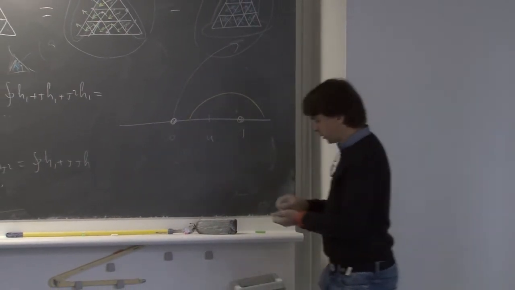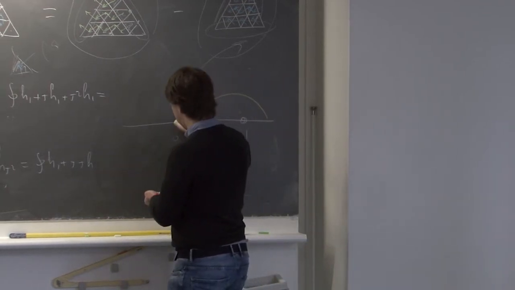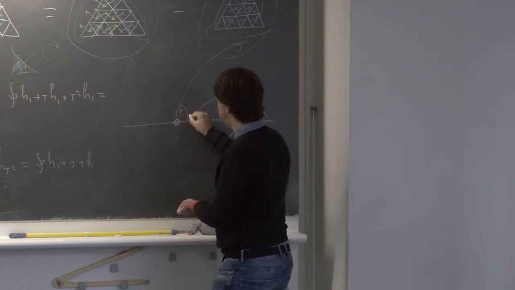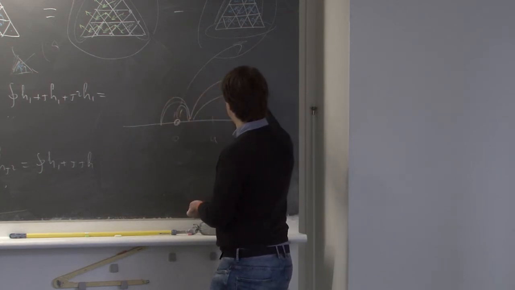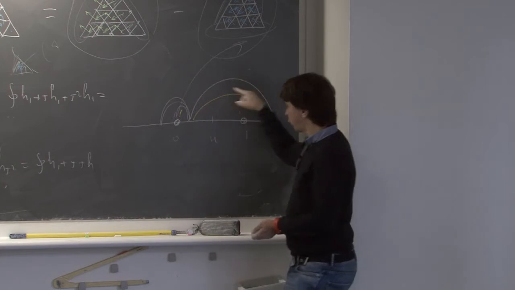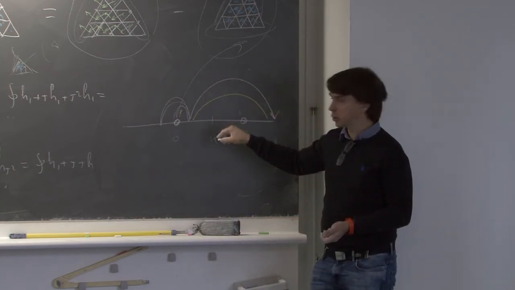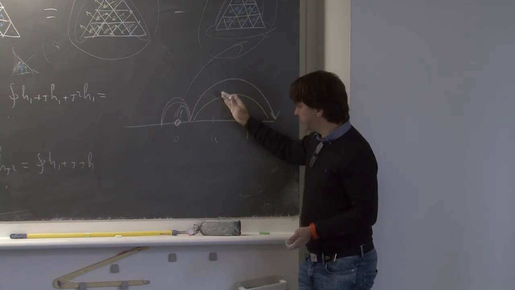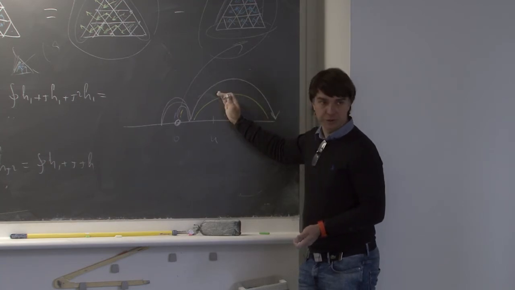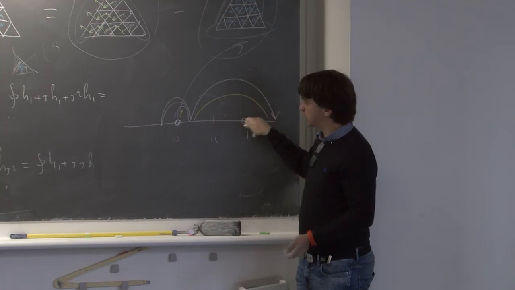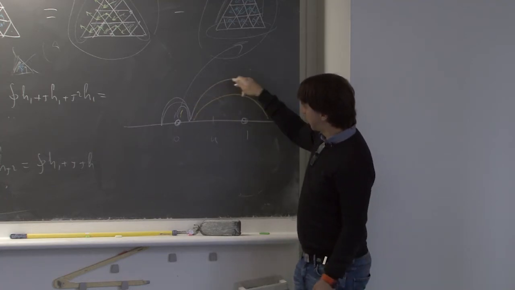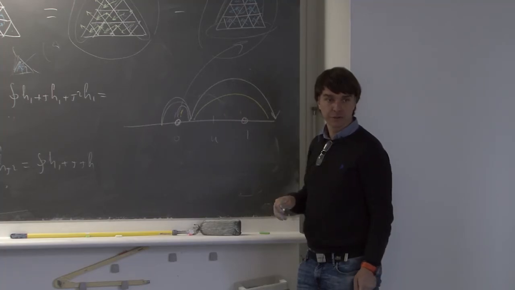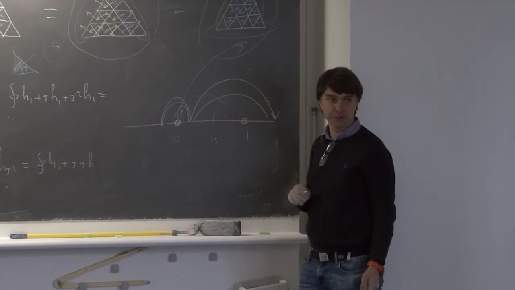It means that if I grow my SLE, with yellow on the right and blue on the left, my SLE jumps like that, and then it jumps right over these two points together. So it cannot touch here, because if it touches here, then it ruins this yellow crossing. So the probability of this crossing is exactly the probability that my interface jumped over both points at once. So you see it can be written in terms of SLE.